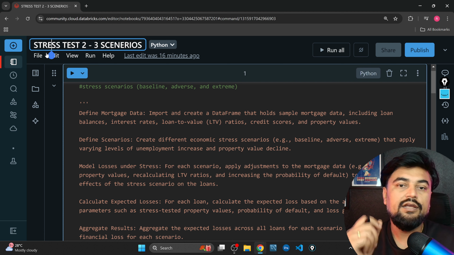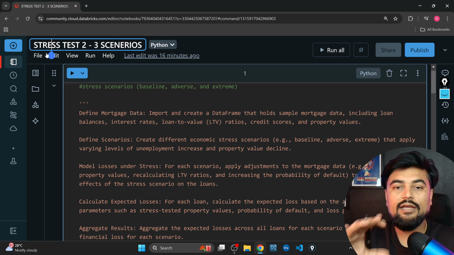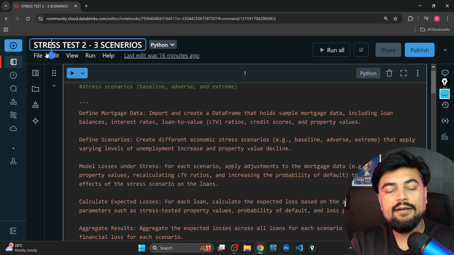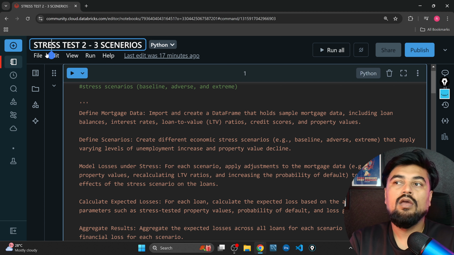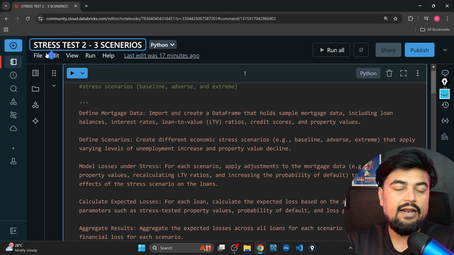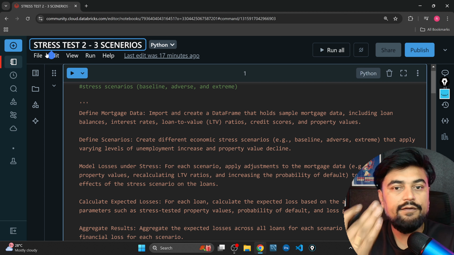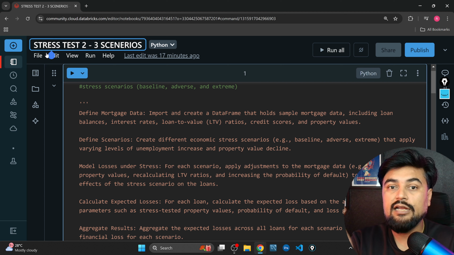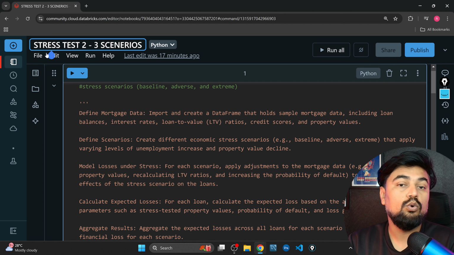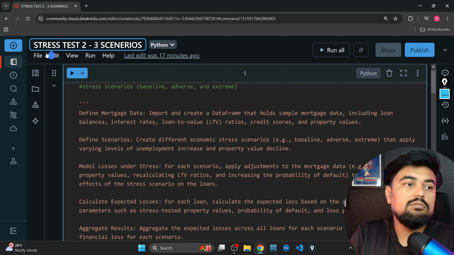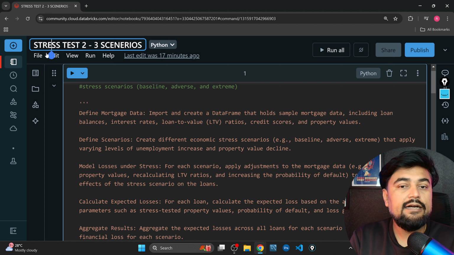What does that mean? They put that code in a condition where there is stress on the assets, and there can be multiple types of stress. Let's say a person-level issue: the customer lost the job, so they will not be able to pay the EMI. This is one scenario. Then there are some adverse scenarios. Let's say, for example, the economic growth is low for that particular country because of many reasons, like the share market has crashed. That could be one scenario.